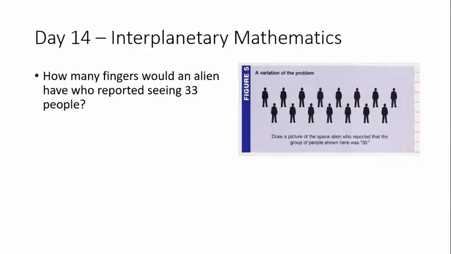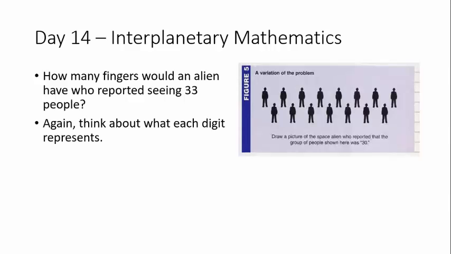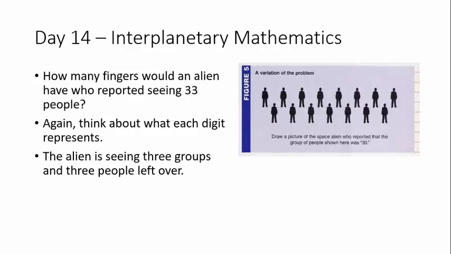Hopefully you've obtained an answer. Think about what each digit represents. The alien is seeing 3 groups and 3 people left over.